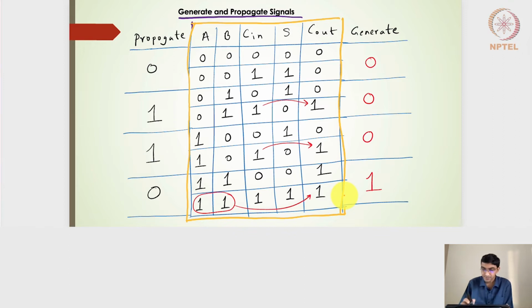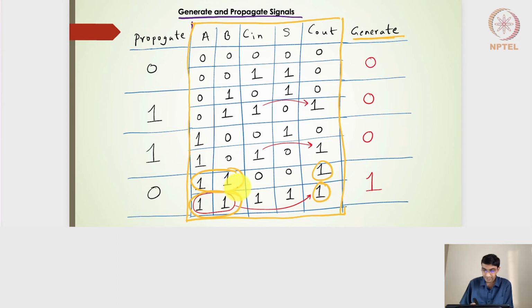Right, so for the generate signal, the definition is that the inputs A and B will truly generate the carry output independent of the C input. That is possible only when the carry output is 1 and A and B, both of them, are 1.